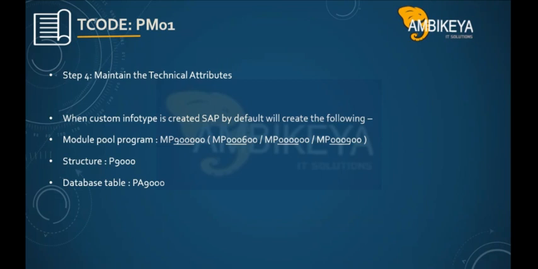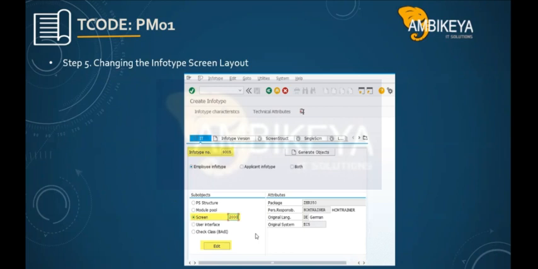Then go and check whether this module program is created or not. For your case, it will be MP900100. Go in SE80, check MP900100 whether the program is generated or not. Check the structure, check the database table PA9001. Try to check, and then you go to the layout.